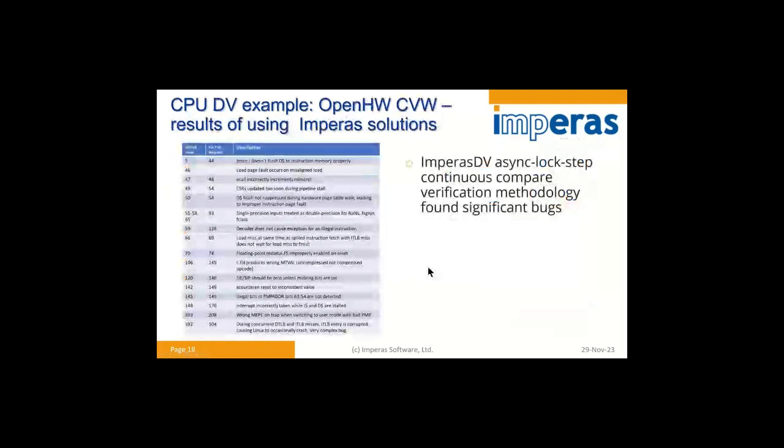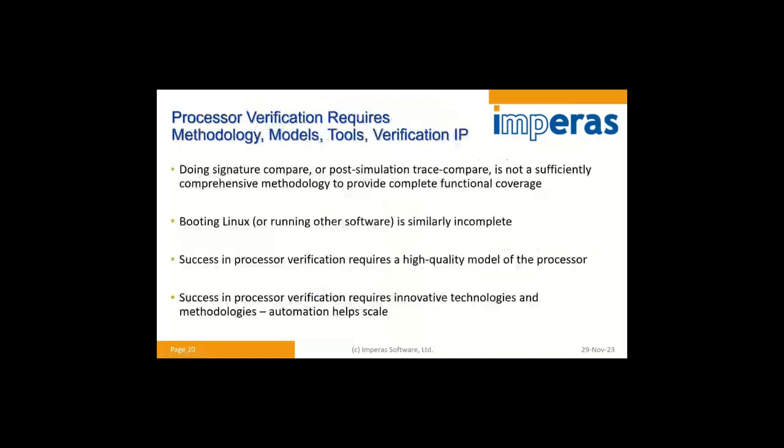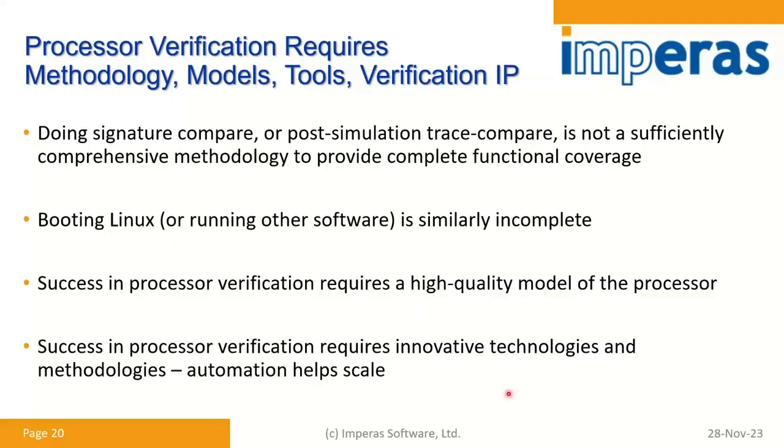When we ran that, we immediately found there were issues and bugs, and we recently added more tests, and we found more bugs in the virtual memory side of things. You've got to really look into your verification environment to say, well, how should you be doing it? Should it be post-simulation trace compare or signature compare? But those aren't really good enough. Booting Linux really isn't good enough.